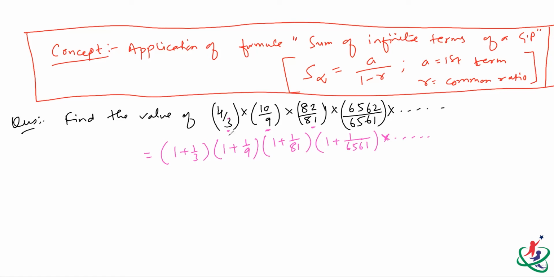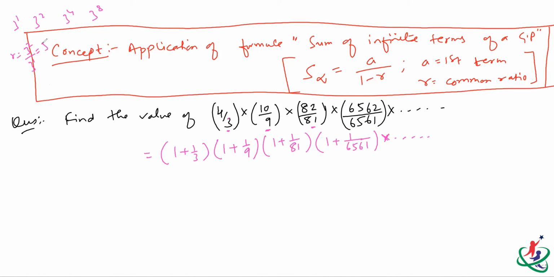If you look at the denominators of all the numbers, the denominators clearly form a GP: 3, 9, 81, that is 3 to the power 1, 3 to the power 2, 3 to the power 4, 3 to the power 8.